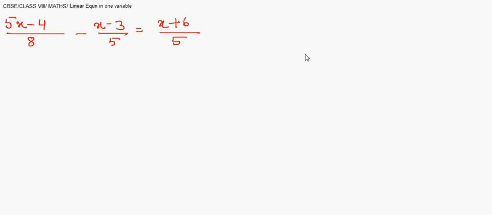We have to verify if x equals 8 is a solution of the given equation.